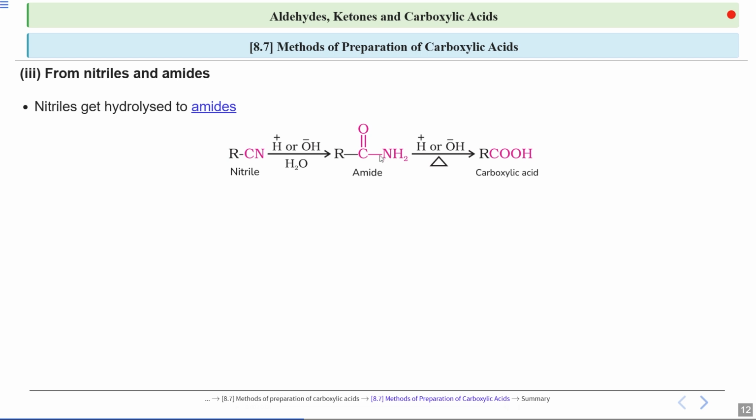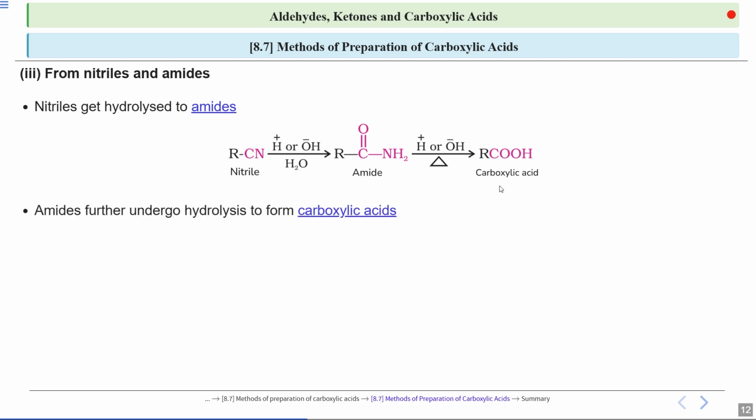If reaction conditions are mild, the reaction stops at this particular stage. But if you are using stronger heating or a longer reaction time, then this amide breaks down into the carboxylic acid, that is, this NH2 group gets replaced by the OH group. So amides are further hydrolyzed to carboxylic acids.